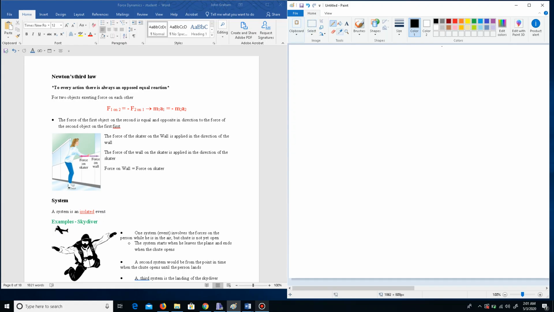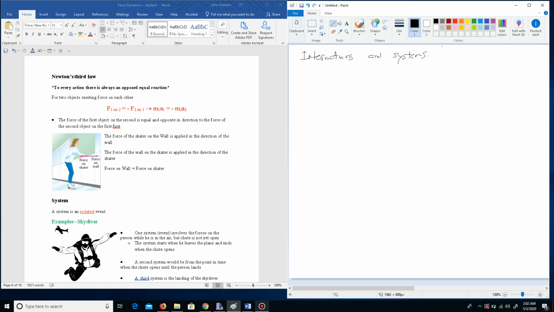The last one, and this really deals with what's called interactions and systems. Two objects exerting forces on each other will exert the same force on each other.